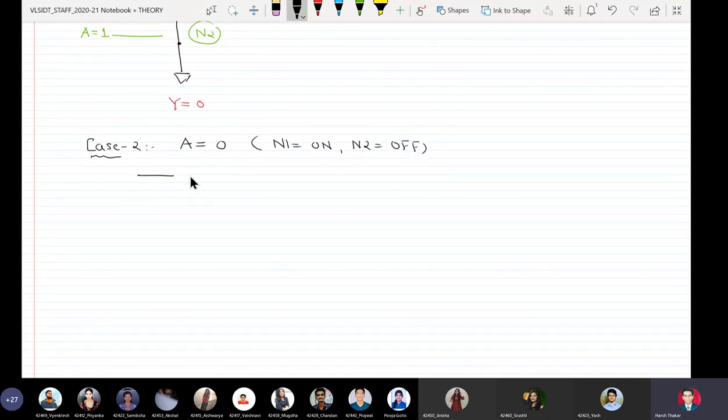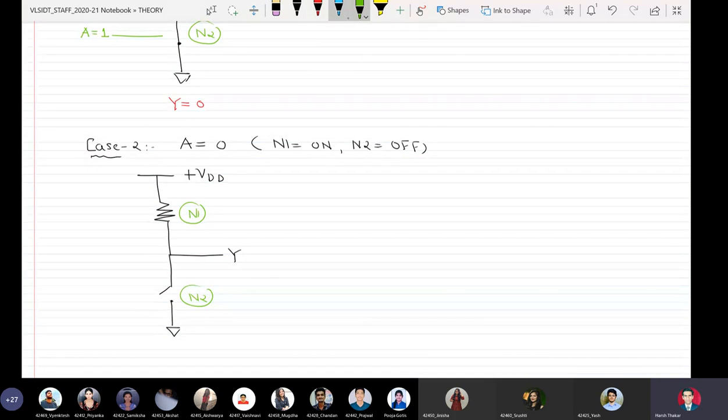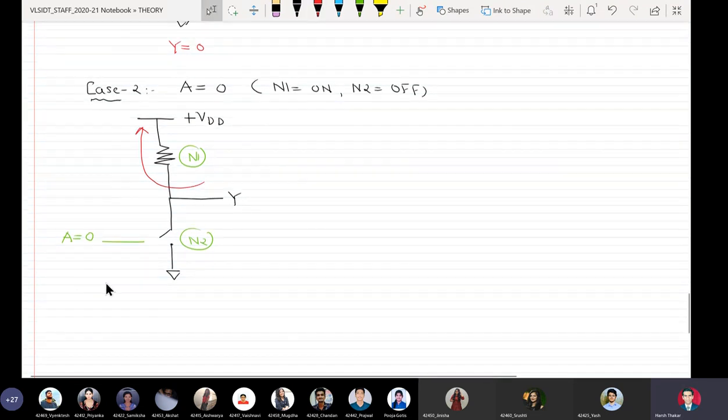So the equivalent circuit is like this again, VDD, and here output Y, N1, N2, and this is my input A equal to 0. Naturally we see here that the output will now be pulled up to VDD. So the conclusion is Y is equal to 1.